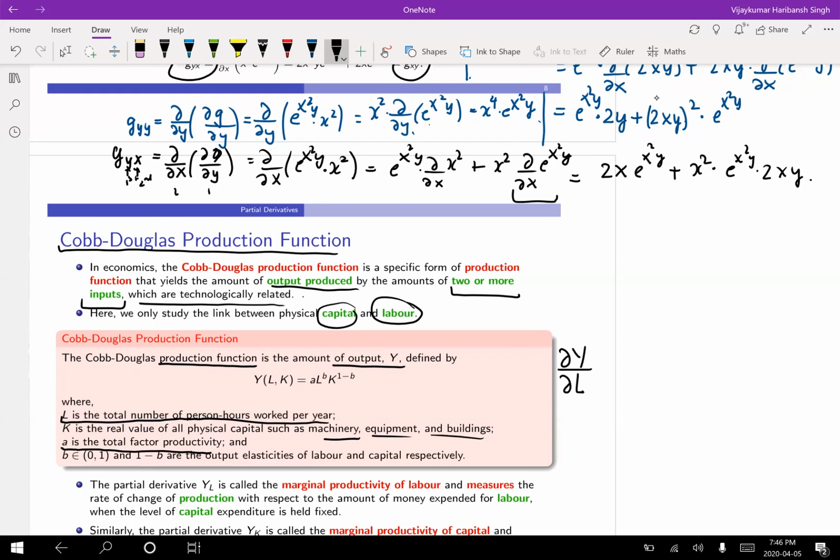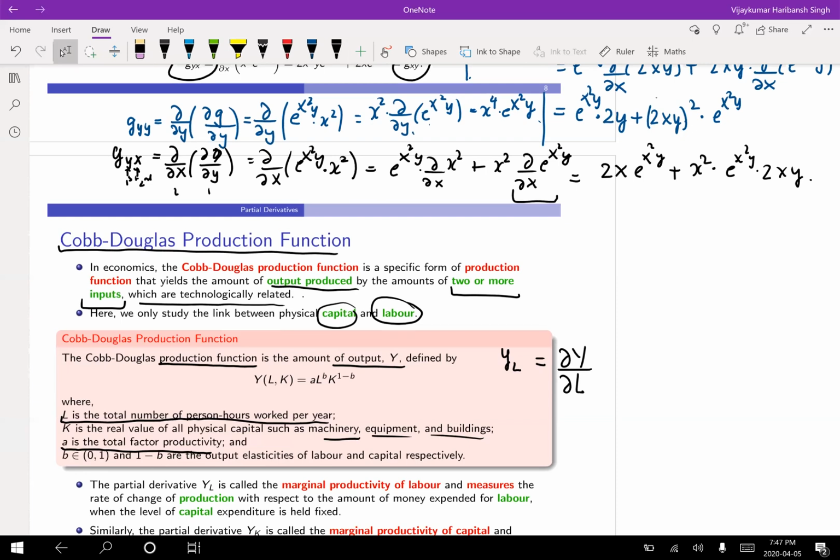All right. So now we can ask the following question: what will ∂Y/∂L, the partial derivative of Y with respect to L, or Y_L, represent? If you go back to your definitions or the ideas we had in calculus of one variable, this will represent how much Y changes with a change in L, and your K is constant, right?